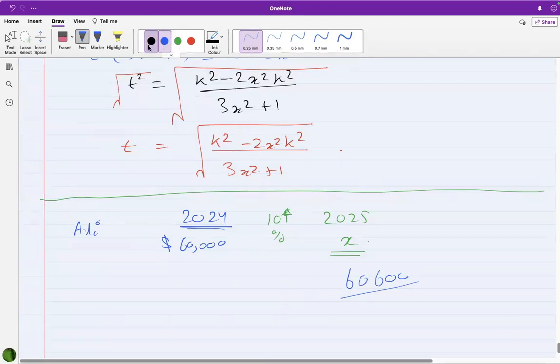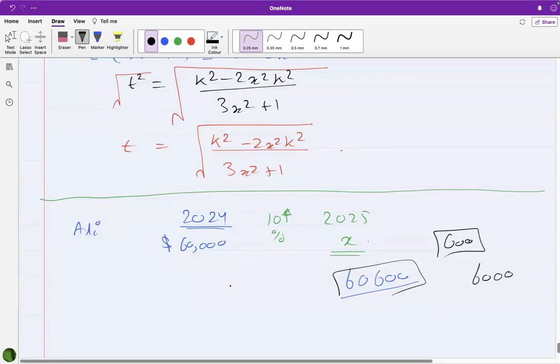So first of all, isn't it that you get the 10% of it and then you add it onto the number? But the 10% is not 600. 10% is 6,000. So 60,000 plus 6,000, so 66,000.